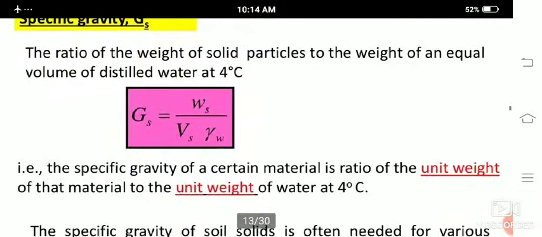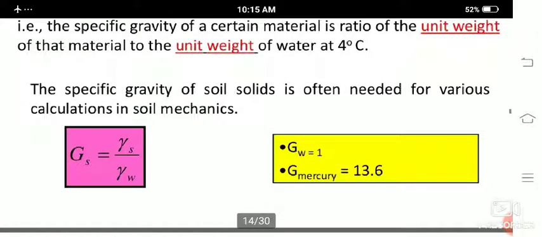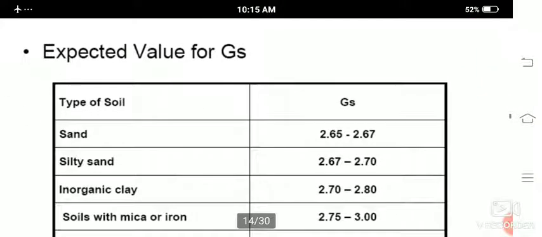For this specific gravity, we often need it for various calculations in soil mechanics. So this G_W, the specific gravity of water, is considered as 1, and specific gravity of mercury is 13.6, which is an exact value.